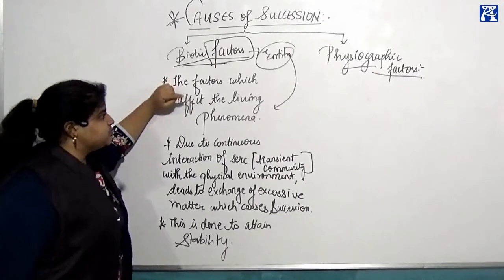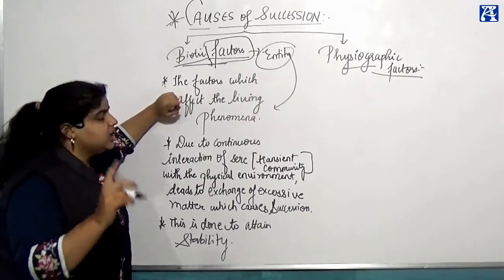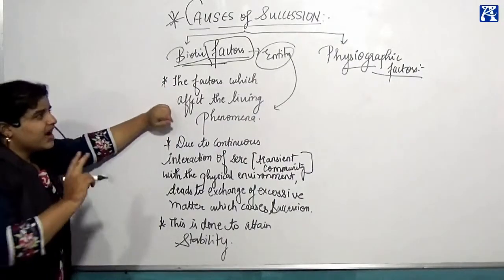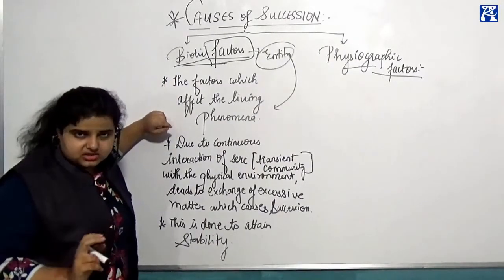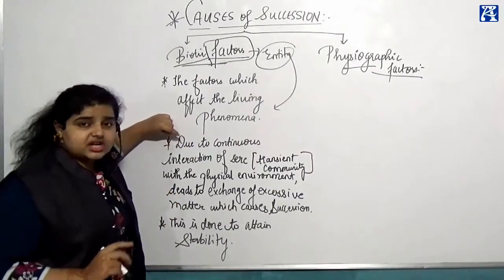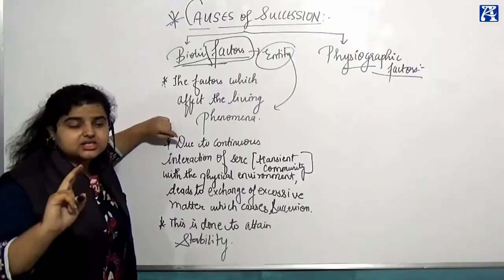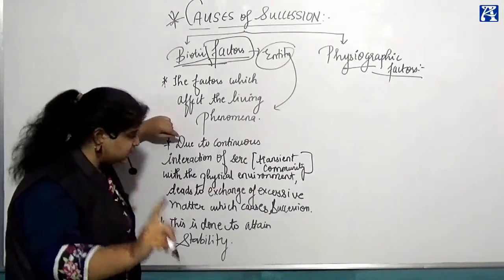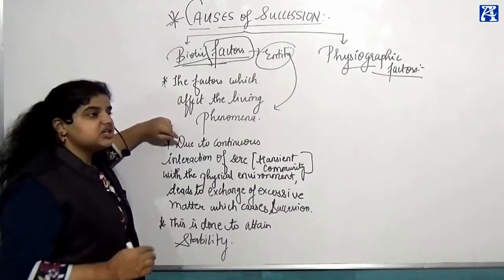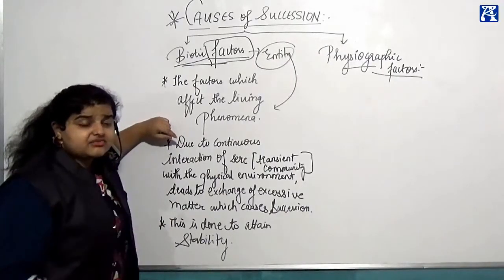The factors which affect the living phenomena are called biotic factors. Second, how does this factor affect succession? Due to continuous interaction of seer, the transient species or community with the physical environment leads to exchange of excessive matter and excessive energy.